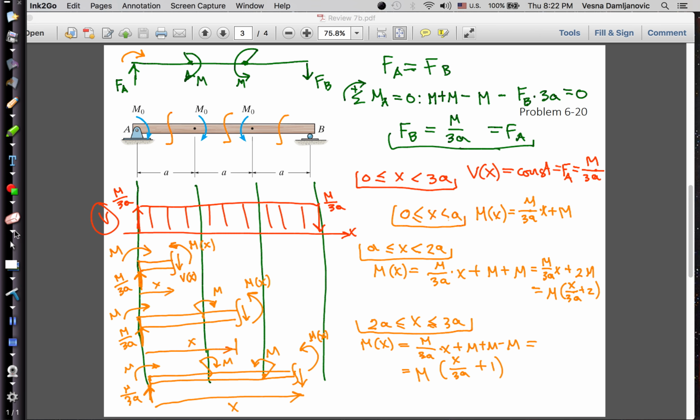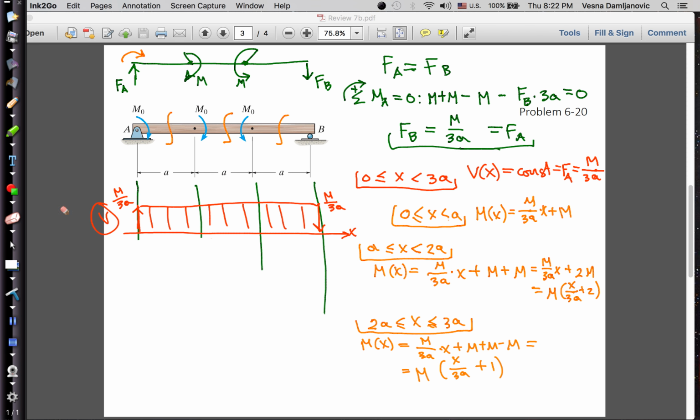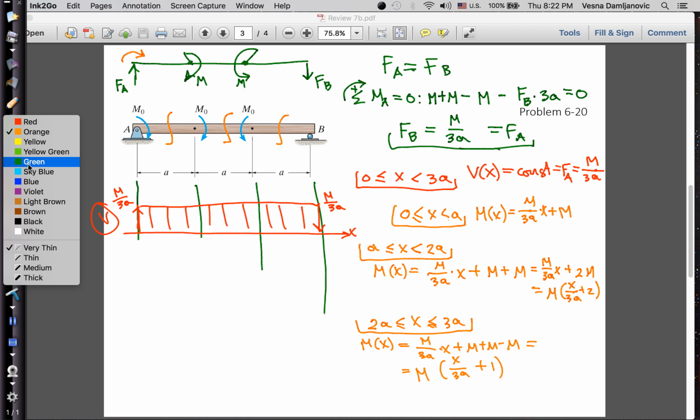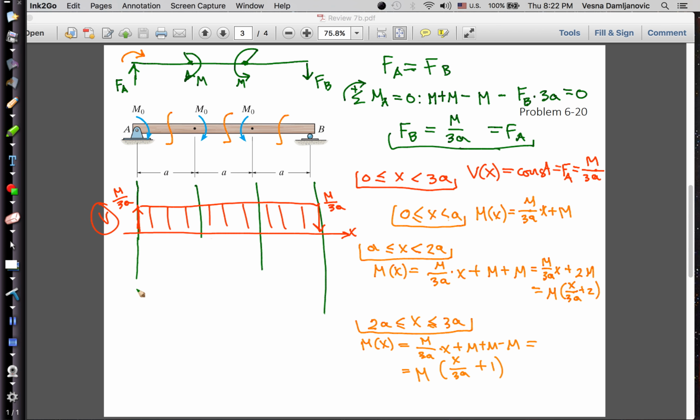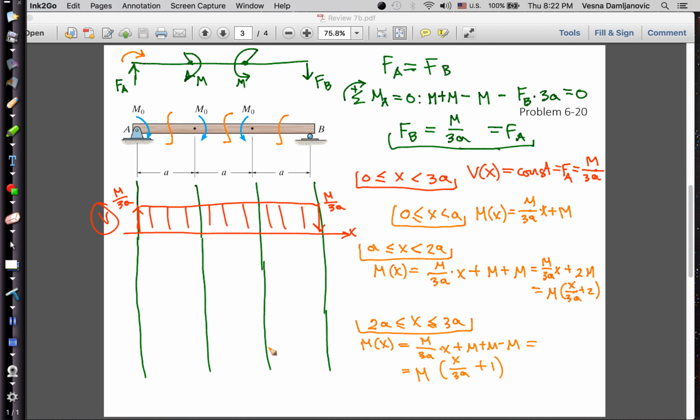So I'll have to do a little bit of erasing here just to make it easier to draw all this. Okay, green pen to make the lines, almost there. Okay, so let's draw now the moments diagram.